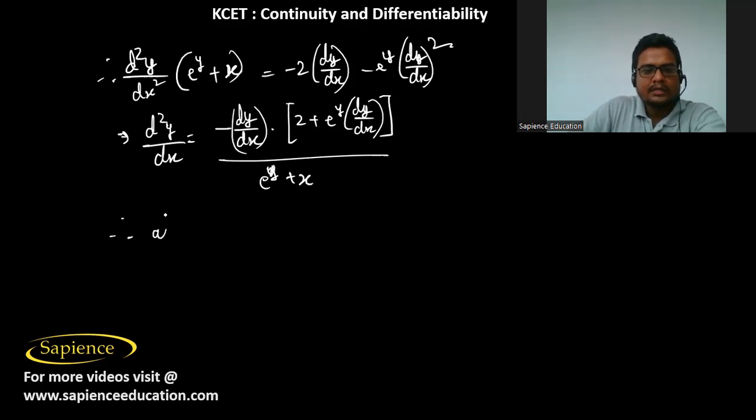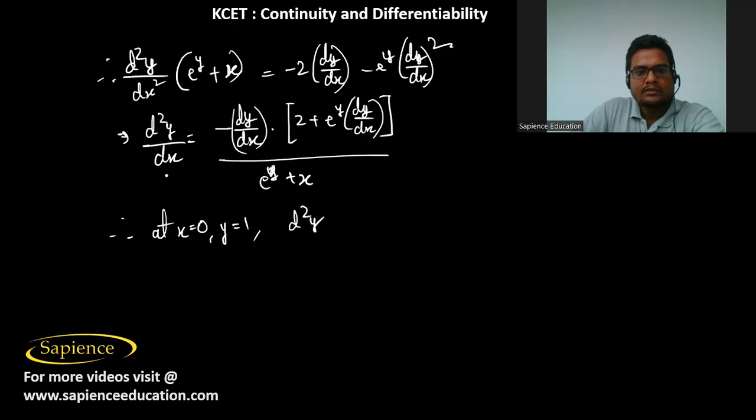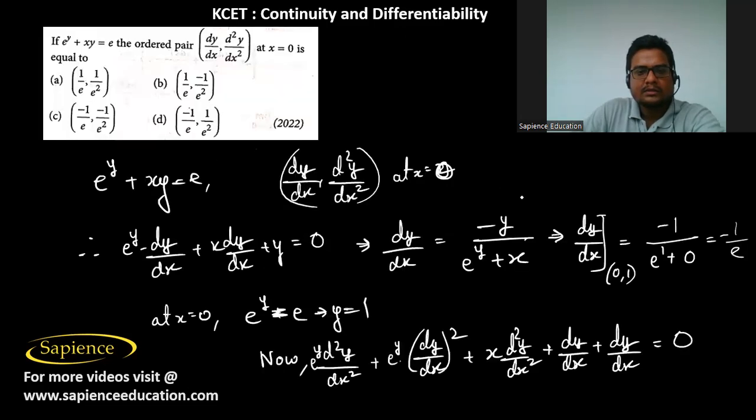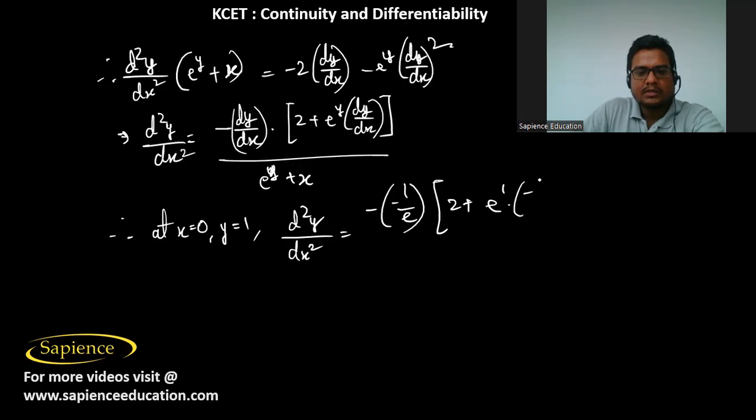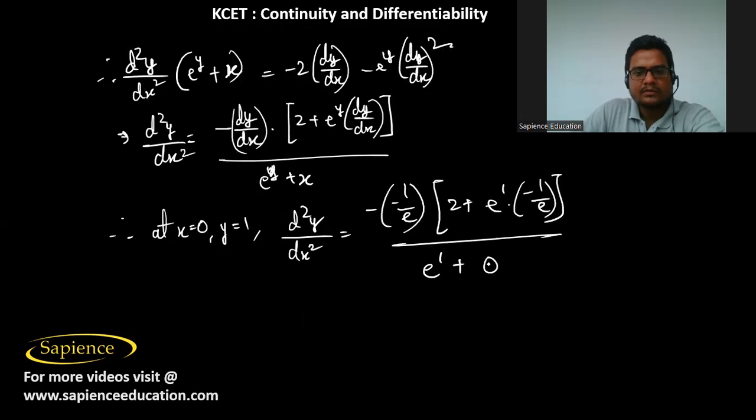Now therefore, at x equal to 0 and y equal to 1, we have to find d square y by dx square. That will be equal to minus of minus 1 by e into 2 plus e power 1 into dy by dx, and dy by dx is again minus 1 by e, divided by e power 1 plus x, that is equal to 0.